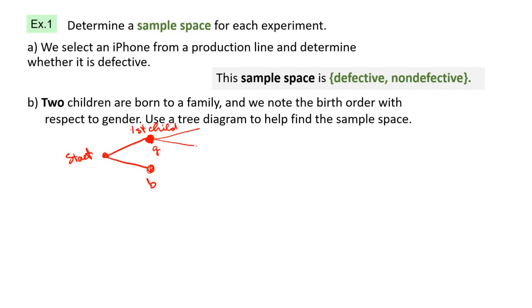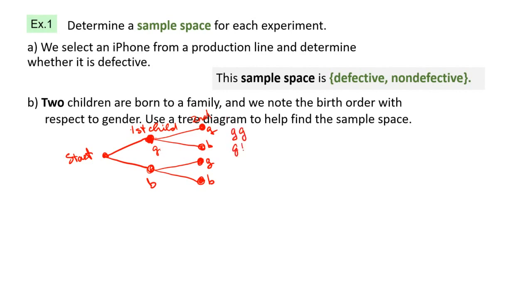On the second stage, second child. So we assume that these outcomes are independent. So actually, it is possible that the second child will be also either a girl or a boy. And we have two children in the family, and actually we have 4 different outcomes.